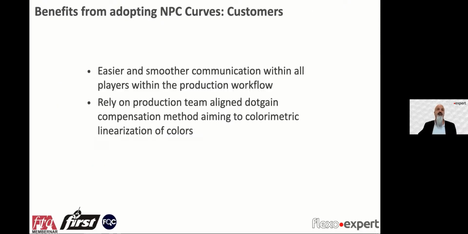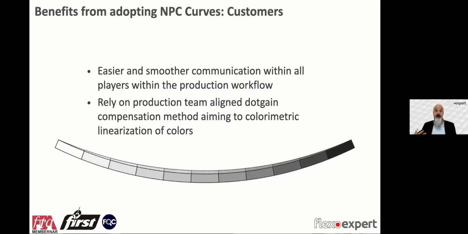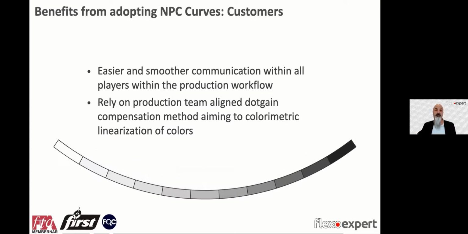Final customers can easily understand the expected characteristics of the selected print providers and rely on a production team that is aligned on common interpretation of tone values and compensation curves based on CTV measurements. By the way, if you are a professional in pre-press or printing, have you ever tried to explain to a brand owner or a graphic designer why that 30% that they entered in Illustrator on their artwork, it's correct.